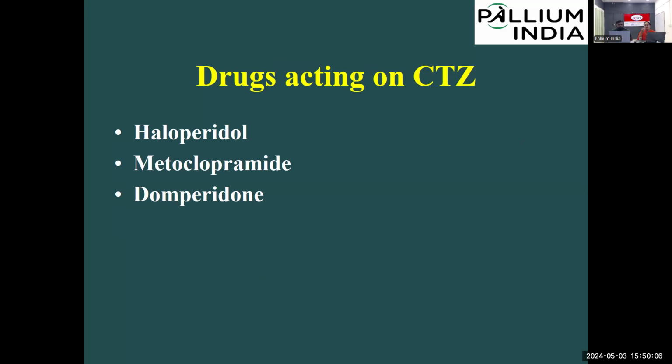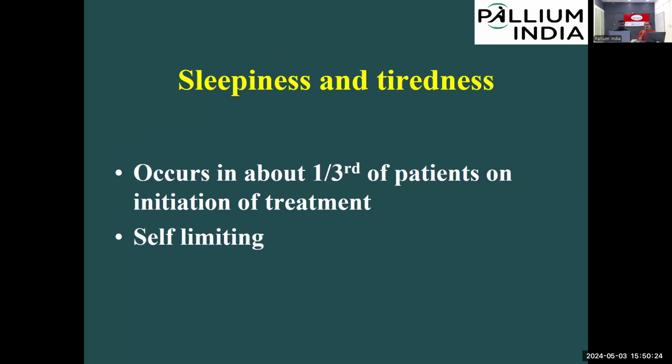Any of these drugs should be given to the patient for 2 to 3 days. You might have noticed that when we did the IV morphine titration also, we started with injection metoclopramide. This is important to avoid nausea, so an antiemetic should be given for the first 3 days.